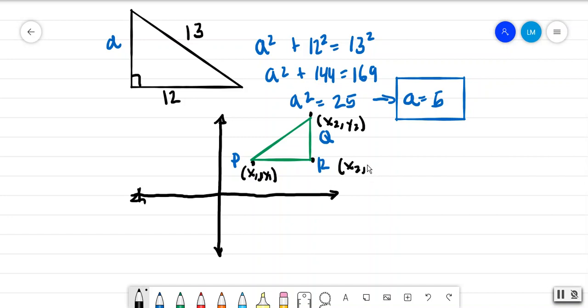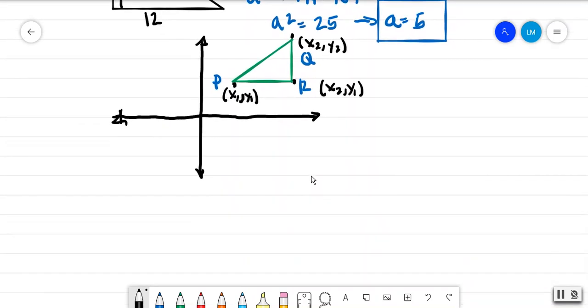So we have that this is going to be x2, y1. Now, what you would use is the distance formula, because we can find the distance of P and R, and then the distance of Q and R, and because this is a right triangle, that would give you the distance formula.